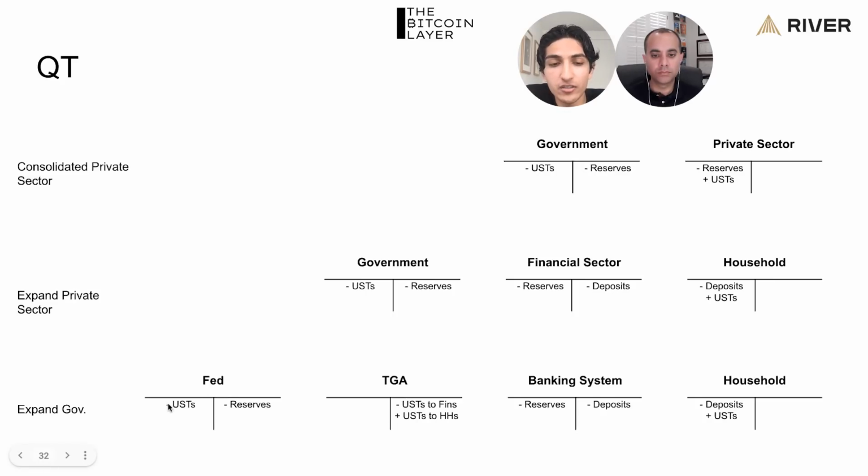The Fed owned this treasury. That treasury expires. The Fed says, where are my reserves? This treasury's matured. The TGA then issues another treasury. The banking system, somebody buys it. The household in this case buys it. The banking system hands the reserves to the TGA, and then the TGA hands those reserves to the Fed, and the Fed now extinguishes those reserves.